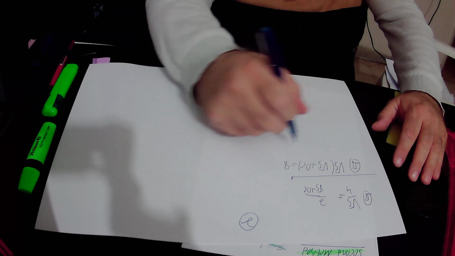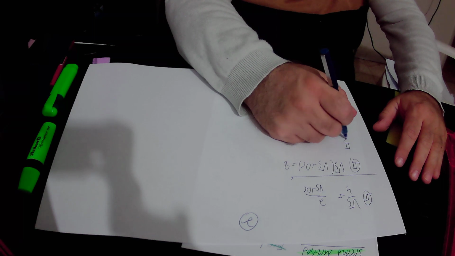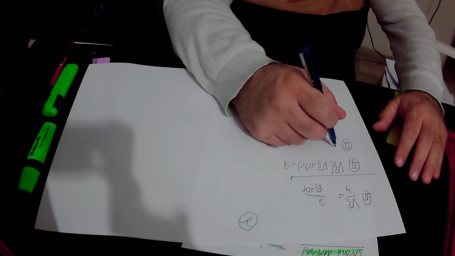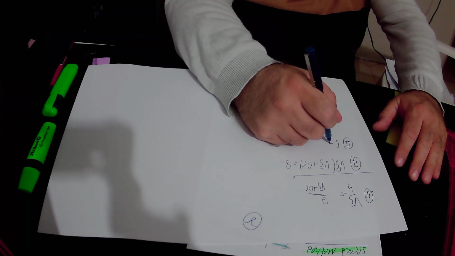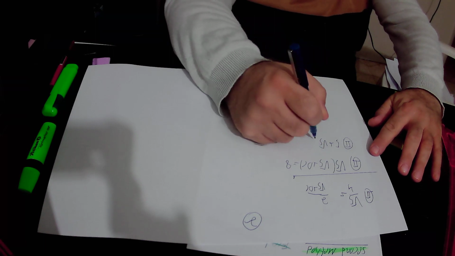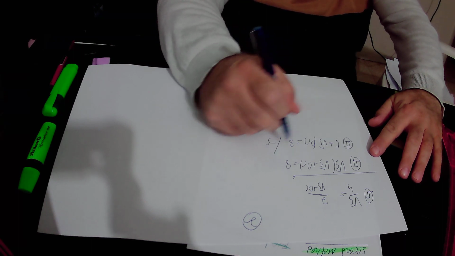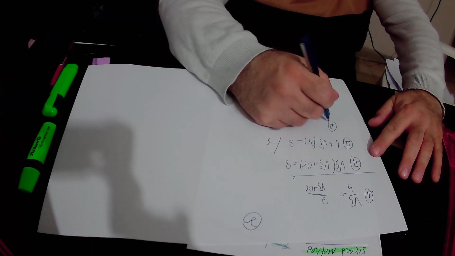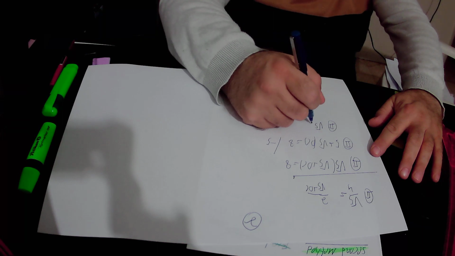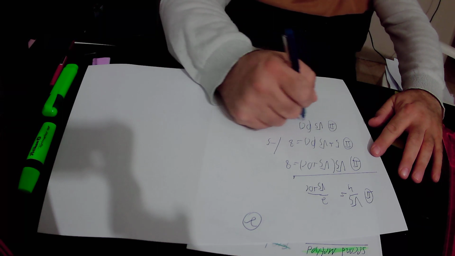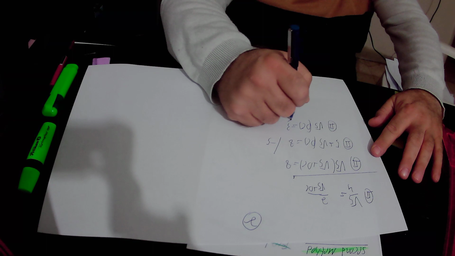Here we will open the brackets on this side of equation number 2, and we get that square root of 5 times square root of 5 is 5, plus square root of 5 times DC equals 8. Here we subtract 5 from this equation, and we get that square root of 5 times DC equals 3.